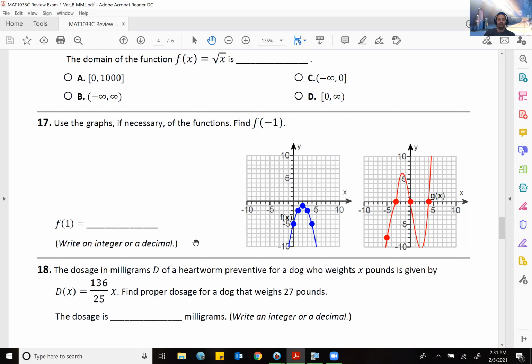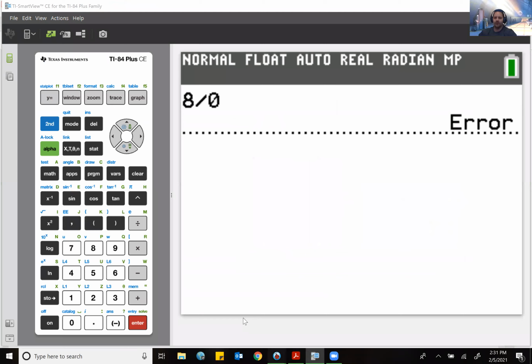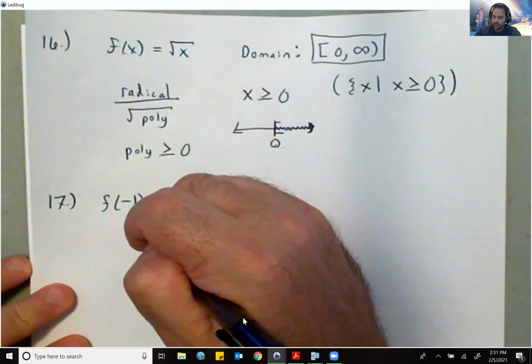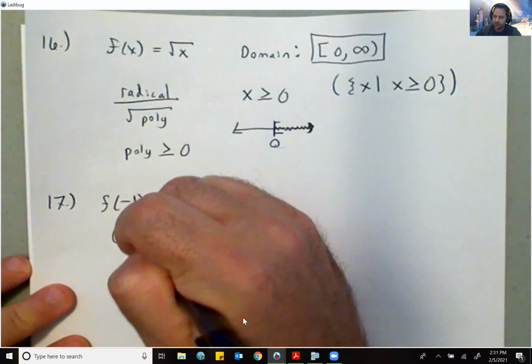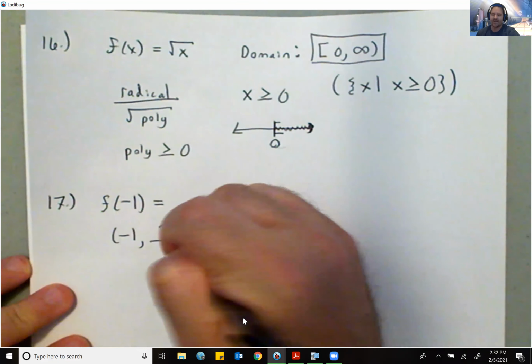So we're going to use the blue graph only. You go to -1 because that's your x value. They're saying if your x is -1, what's the y value?